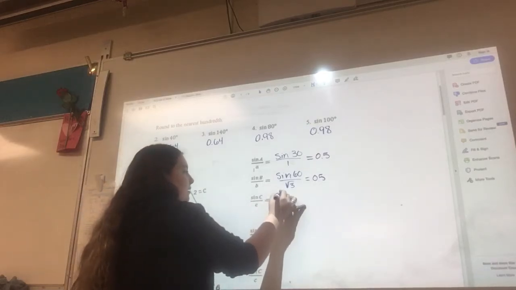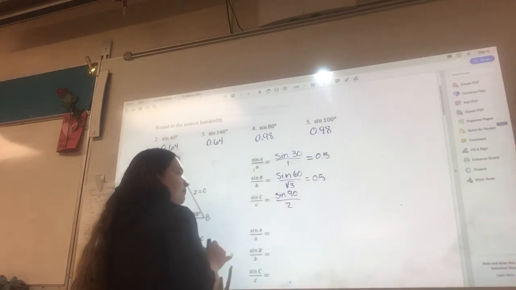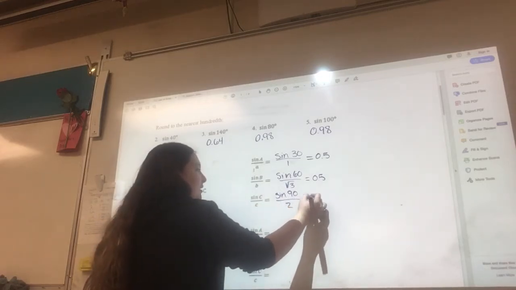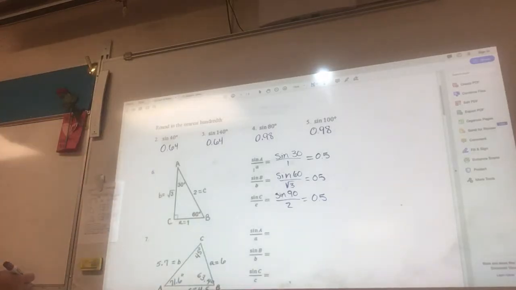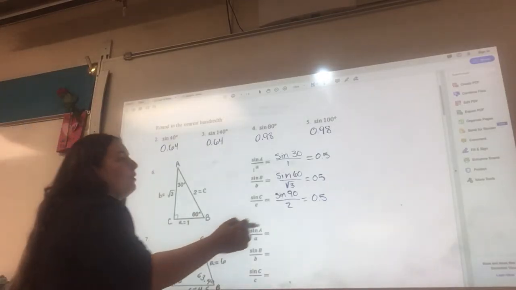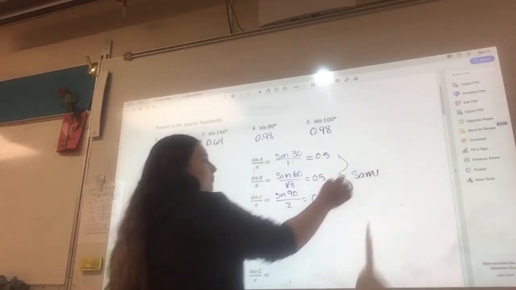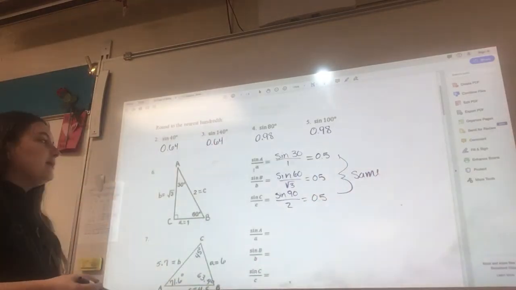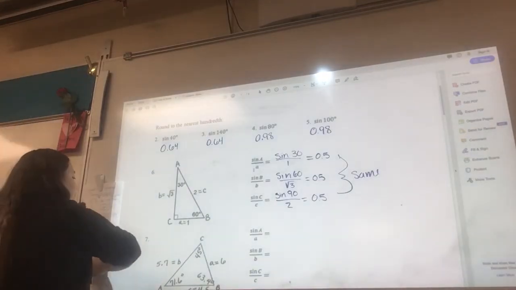So we have sine of 90 degrees all over little c of 2. And when you plug that in your calculator, you're going to see it is also 0.5. Huh. Why are these the same? We'll be getting to that, but interesting. You're seeing how this is going to start working.